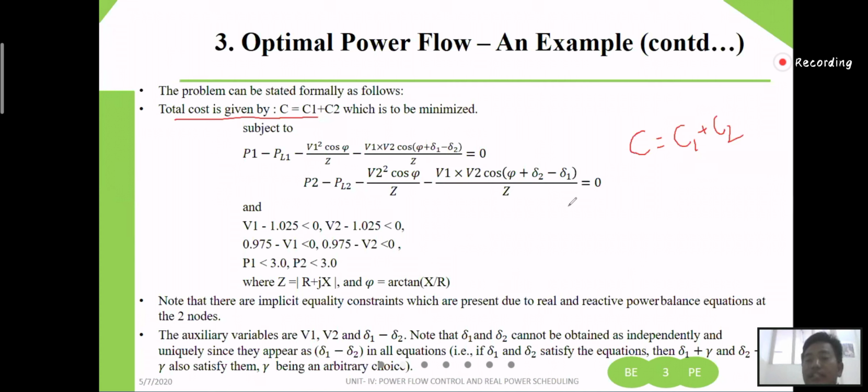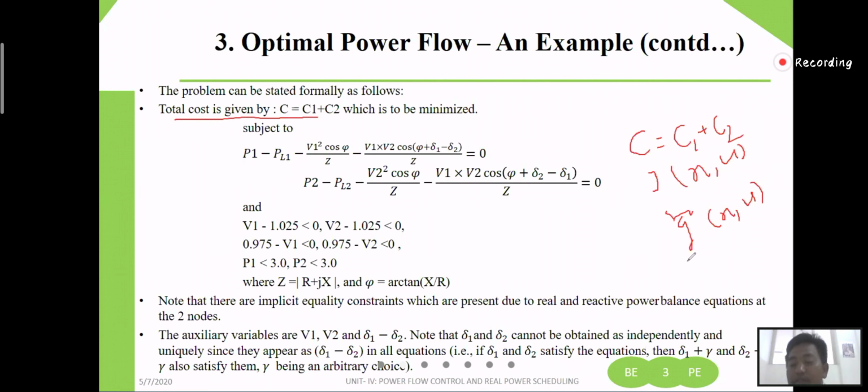When you minimize, it has to fulfill certain constraints. So what are the constraints? Here it is not given directly as equality and inequality constraints. In optimization you have done it like this: J of x comma u, subject to g of x comma u, and this is the equality constraint.